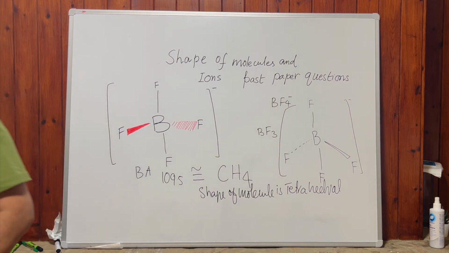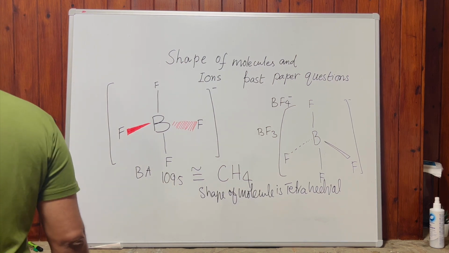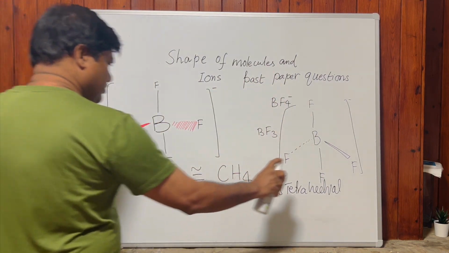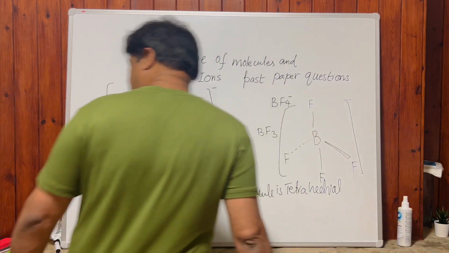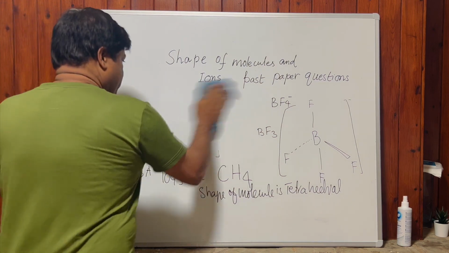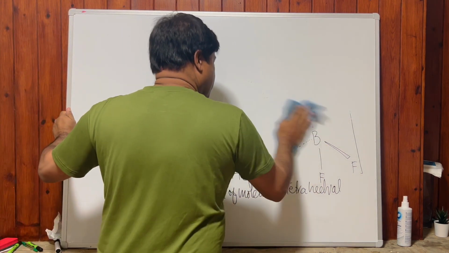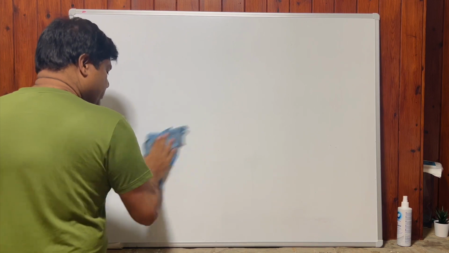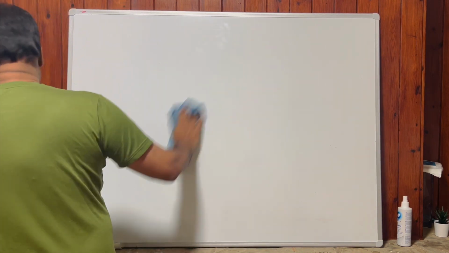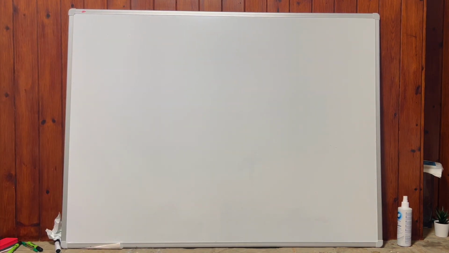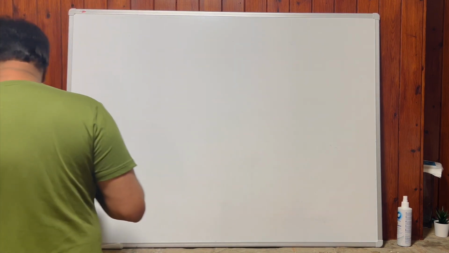Okay, now can I rub the board, guys? Now look at that. We will do some past paper questions on the shape of the molecule and the bond angle.